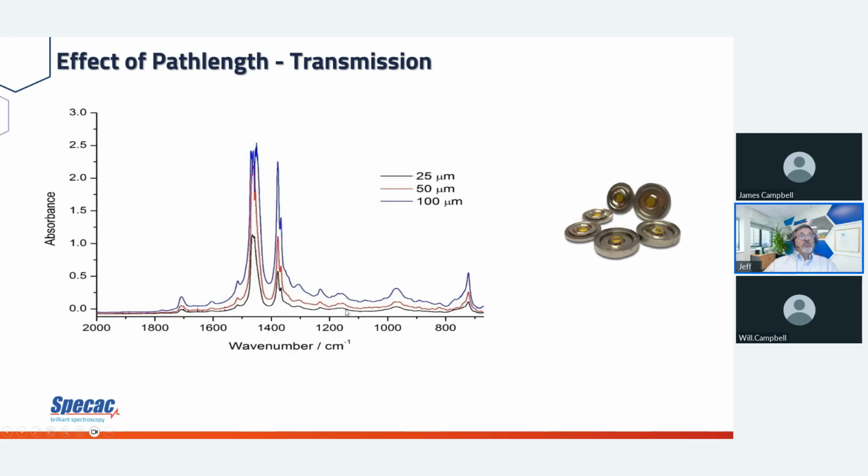The black is 25, the red is 50, and the blue is the 100 micron. You can see differences in here. If you're looking for minor components, you're going to want to go up to the higher path lengths. If you have a bulk analysis, all you need is the 25 micron.